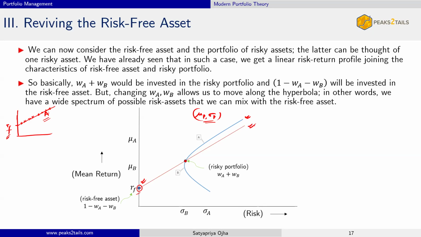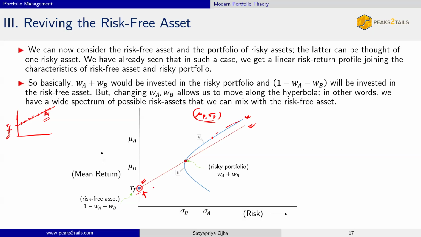Make sense? The only difference is it's not a single risky asset. I have a whole range of possible risky assets because I can tune the weights of A and B and move along this hyperbola. I can choose my risky portfolio to be anywhere on the hyperbola, and I can join that with the risk-free asset.